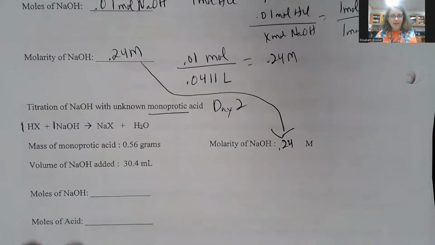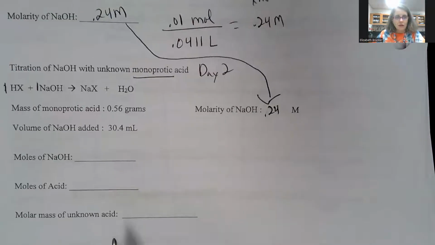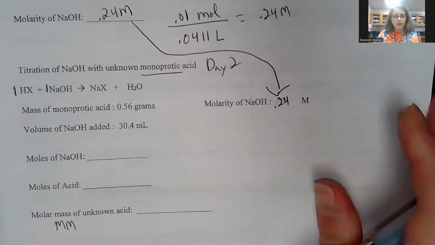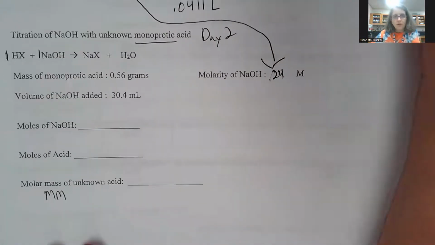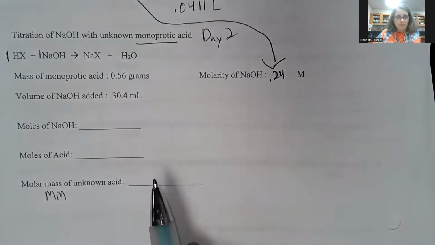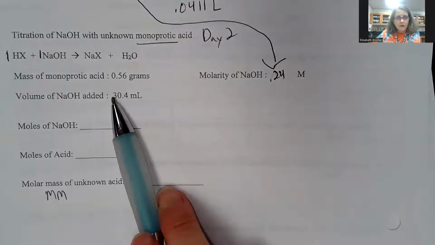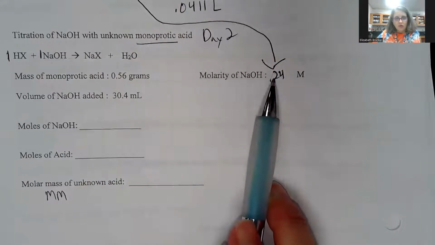I am going to have a little different calculation because I'm trying to find the unknown acid, and specifically its molar mass, capital M. So a little different calculation than we typically do on a titration. But moles of NaOH, I could find that, because I have a volume that I added in order to get it to pink, and I have a concentration.